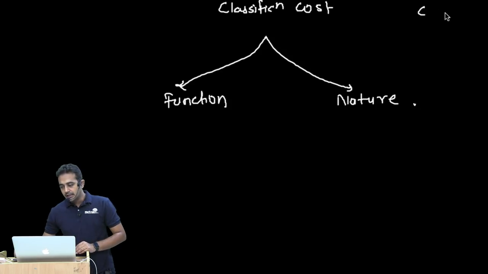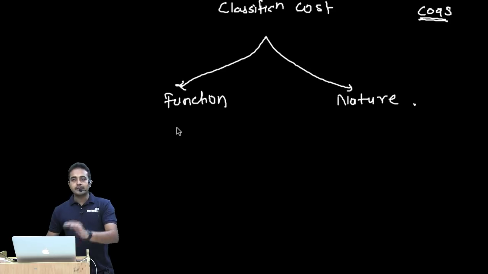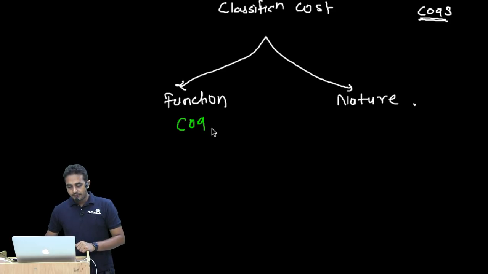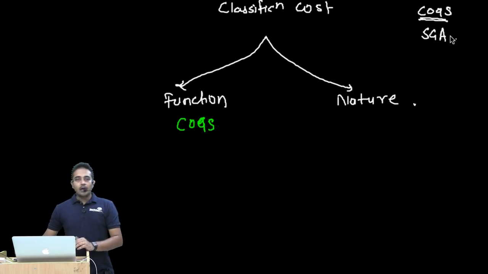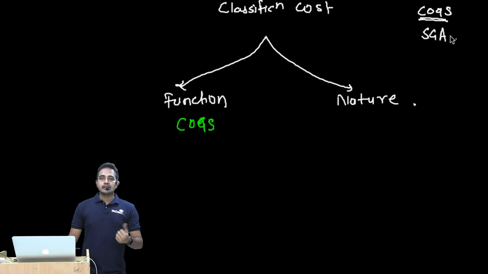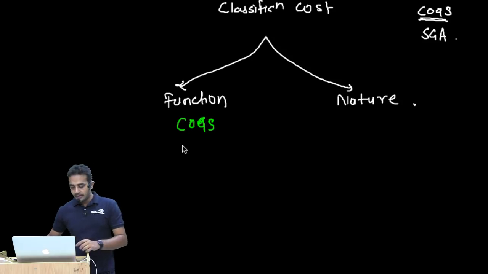For example, COGS. Now can we say that COGS can be specifically assigned for manufacturing activity? So we will say COGS. In the same fashion, let us say SG&A. Again, it is a function in the business, selling or general or administrative.